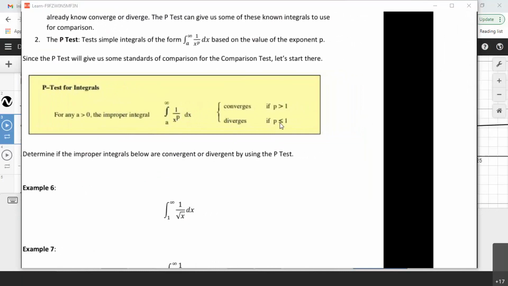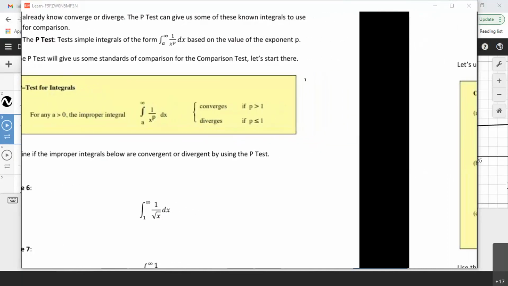If p is less than or equal to 1, it's going to diverge. And we just saw when it was equal to 1, we had 1 over x, and we wound up with ln, and that diverged. So this is kind of a general rule of thumb for convergence, divergence.